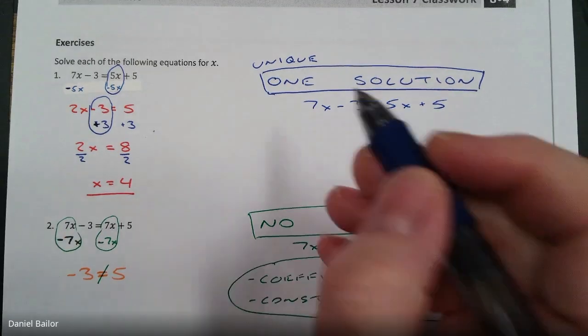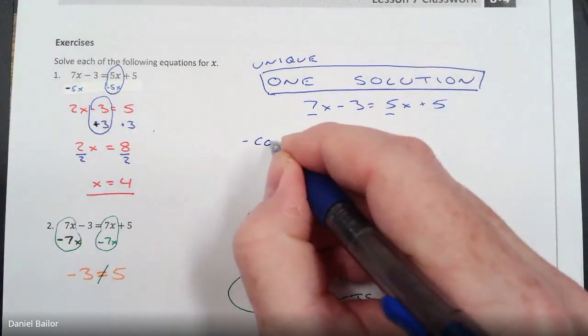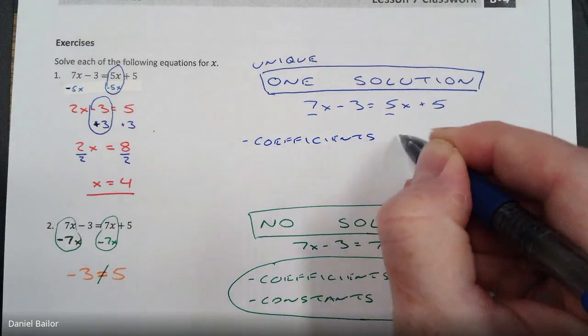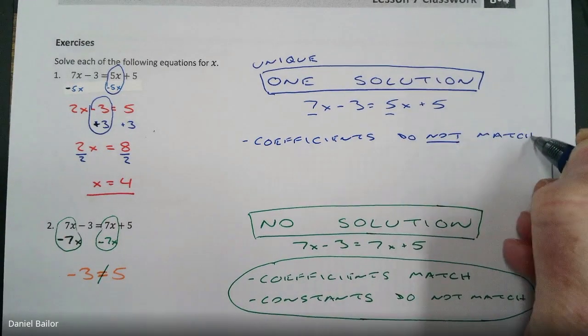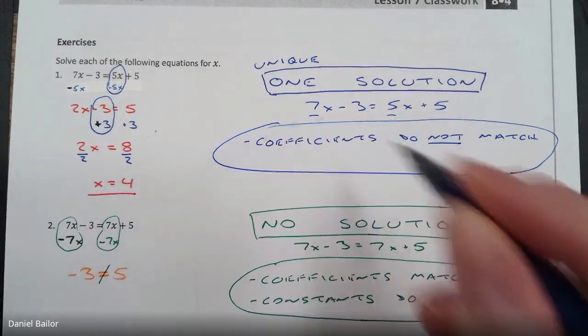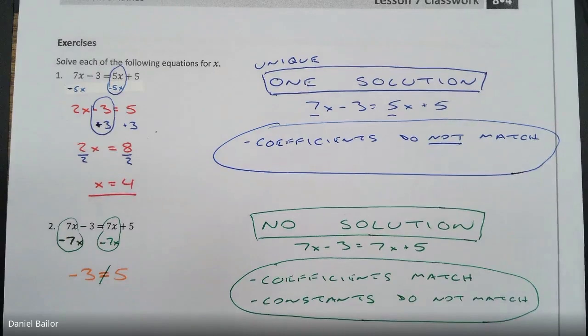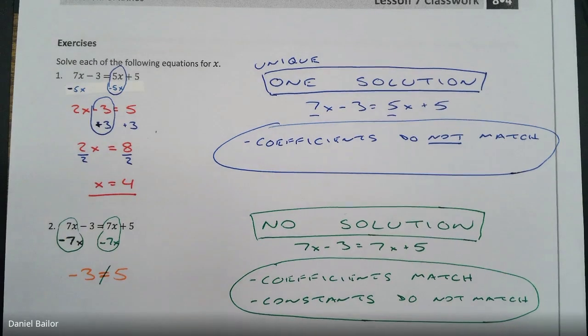If you look at this, for unique solutions, the coefficients do not match. That's the clue. This coefficient is 7. This coefficient is 5. They do not match. So there is one solution. We don't even need to look at the constants for this one. If the coefficients do not match, it is one solution.